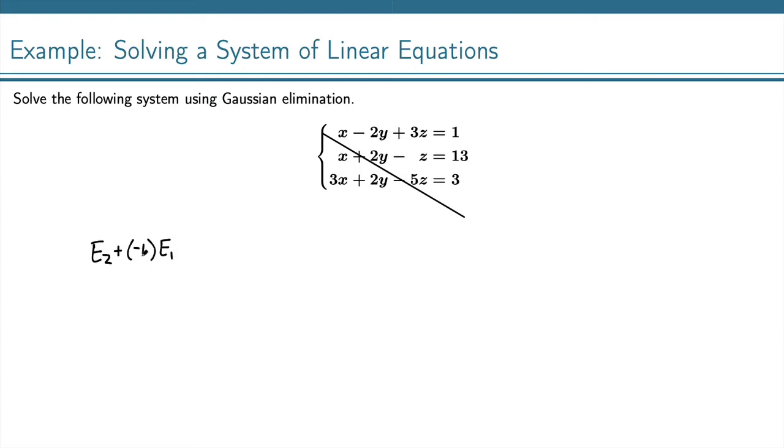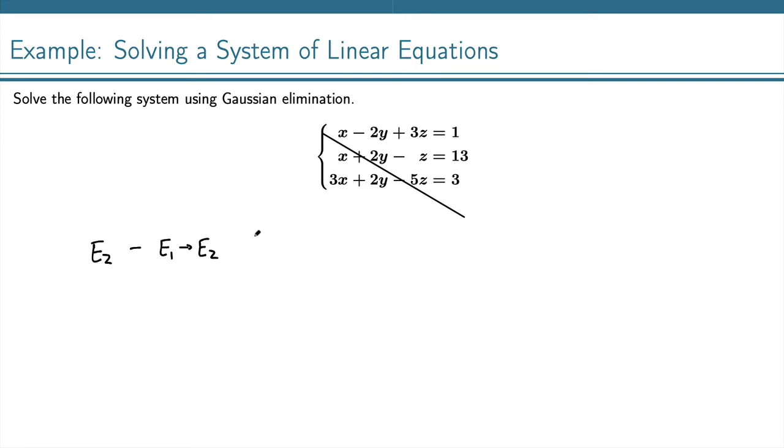Okay, we know we can add a non-zero multiple of an equation to another equation, and this will be our new equation 2. Now I like to just write this as minus equation 1. I think it just is a little bit more intuitive as far as what's happening. But remember that that is equivalent to saying that we're adding -1 times equation 1.